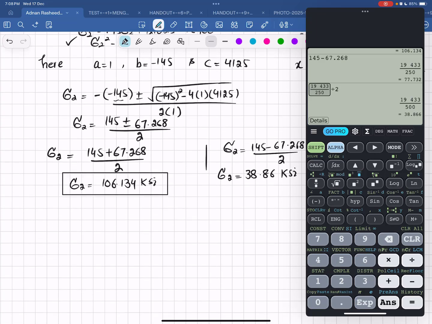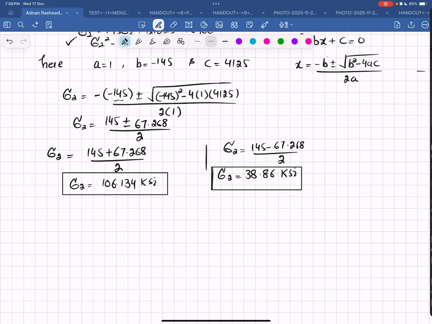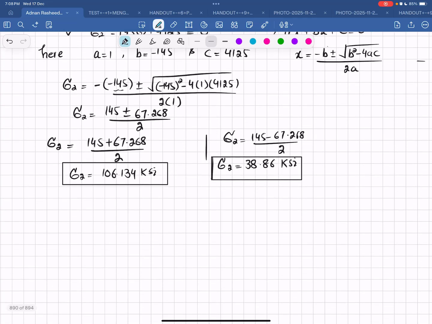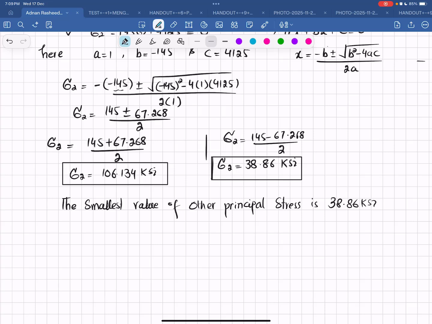So here you have two values of sigma 2. One is this one and another one is this one. But in our question, we have been asked to find the smallest magnitude of the other principal stress. So we will write the smallest value of the other principal stress is 38.86 ksi.